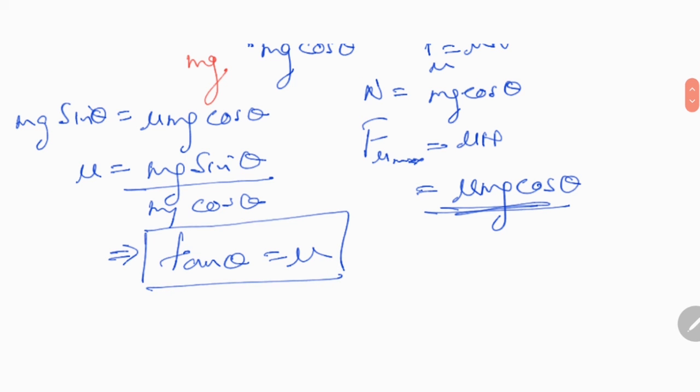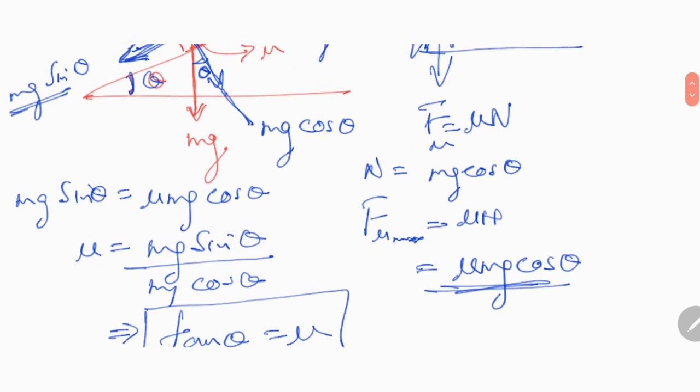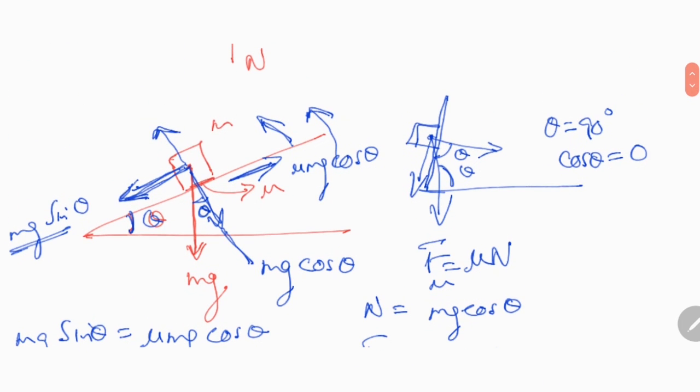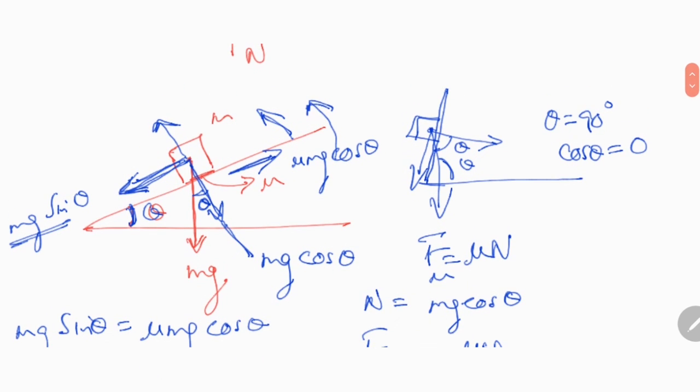With this relationship, you are able to find the value of mu just by knowing at what angle of inclination the body will start sliding down.